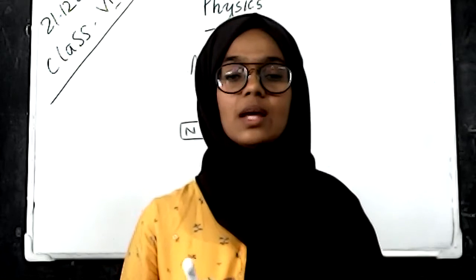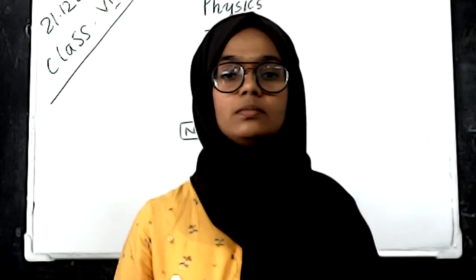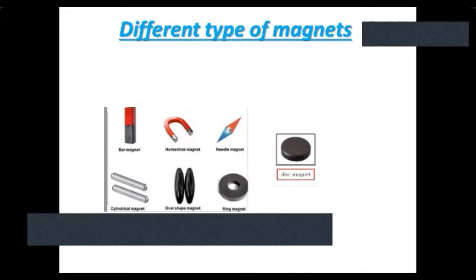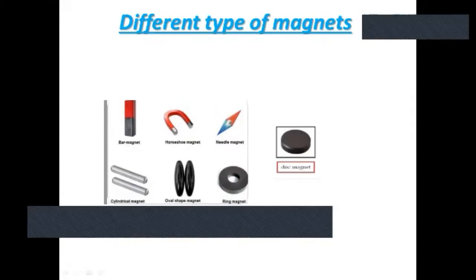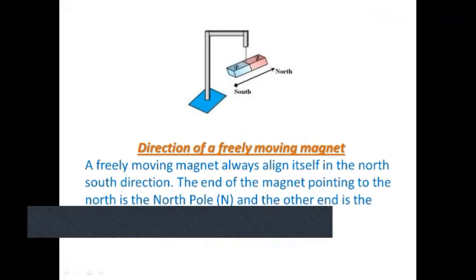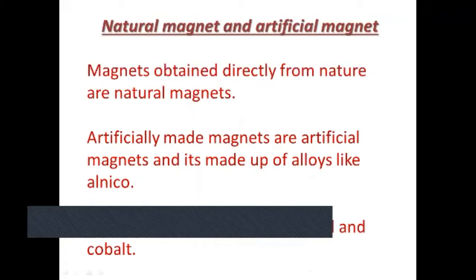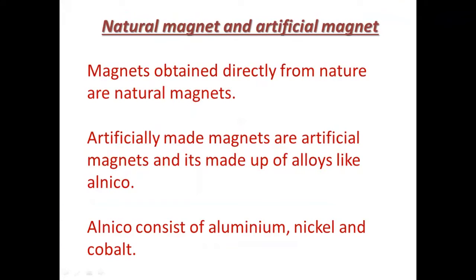And in the first slide we can see the different types of magnets on the basis of their source. One is natural magnet and the other one is artificial magnet. Natural magnets are obtained directly from nature, and artificial magnets are made artificially from alloys like alnico.